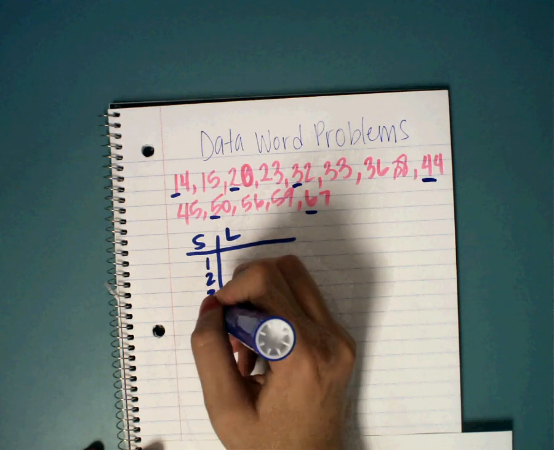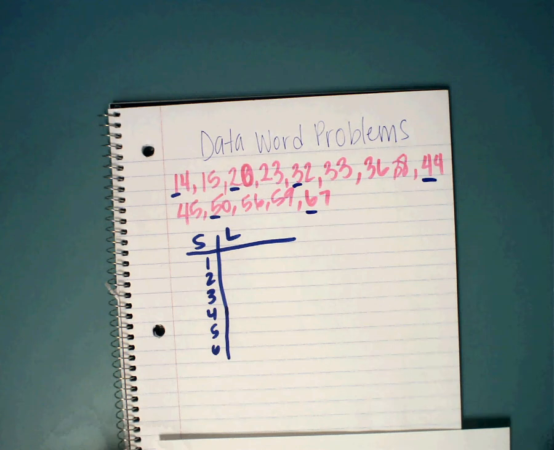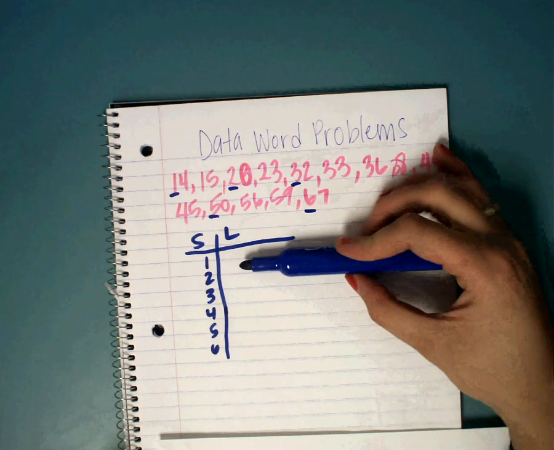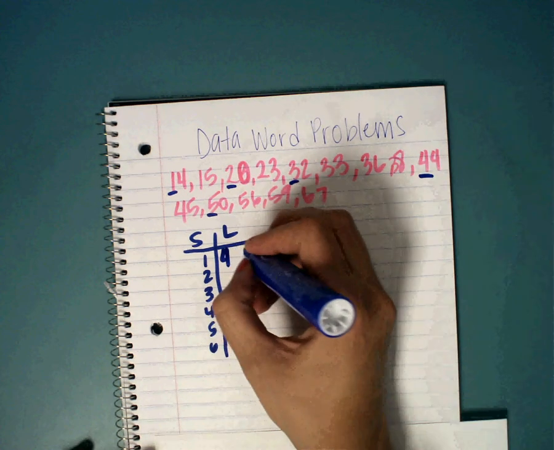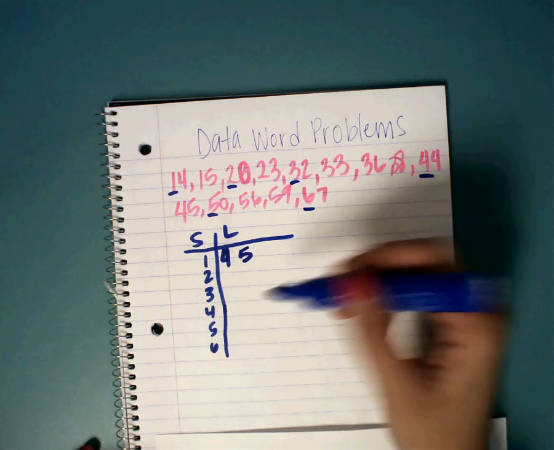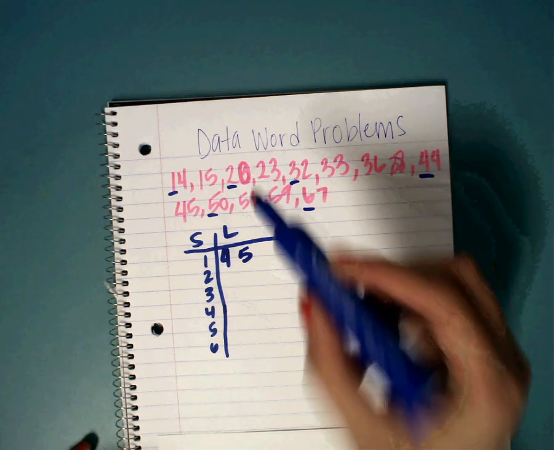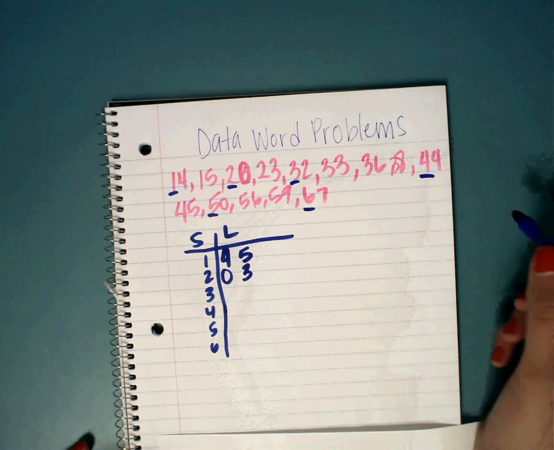Now what leaves go with the tens, the teens? 4 and 5. All right. Which ones go with the 20s? 20 and 23. So 0 ones and 3 ones. What about 3? 2, 3, 6, 8.